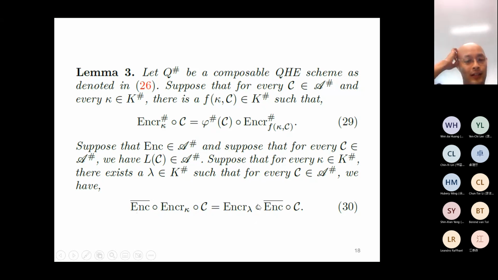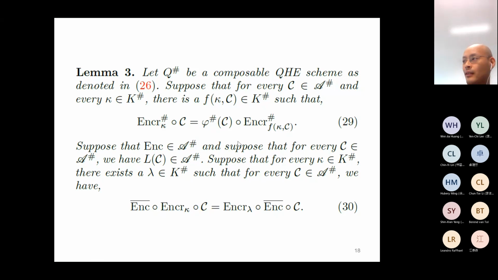And of course, if you use some key on the left, the key on the right may become different. It will become different in general. But then we just need there to exist some key for it to work. And this is just this lemma.